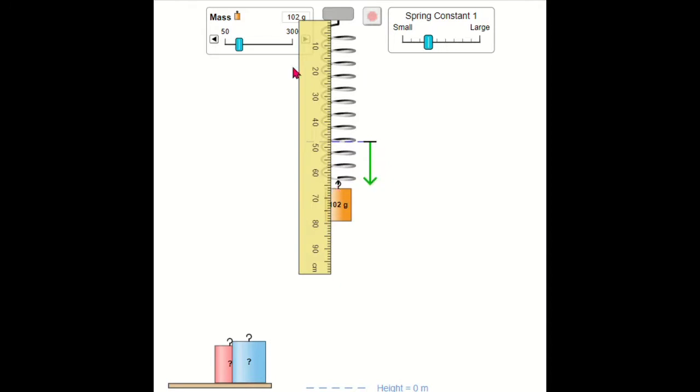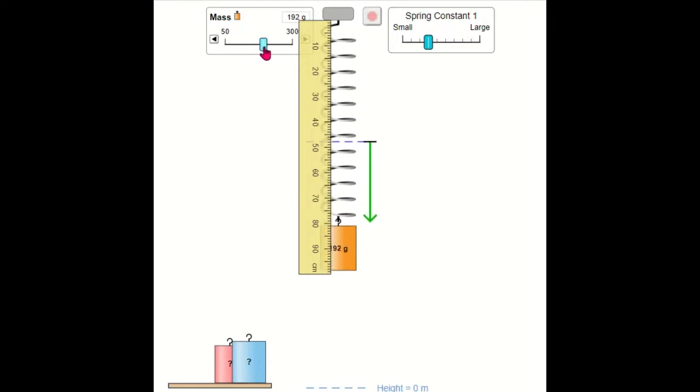Now at 102 grams, it is at 63 centimeters. And this will be the case as we go. We add masses to it, and when we check the extension, we will see that it has increased.